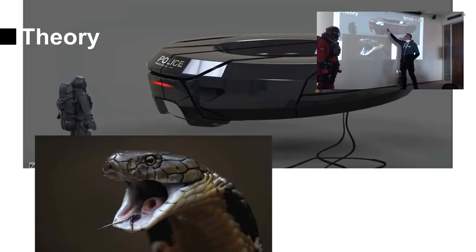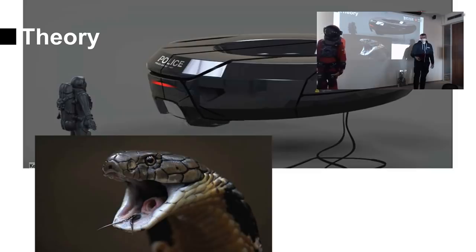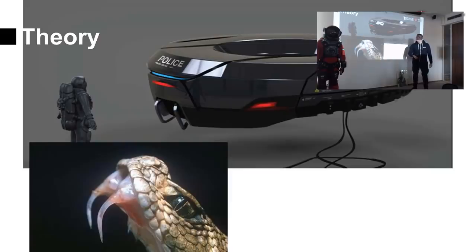Also, if you look at this part, which is considered to be like a face or the front part of the vehicle or the drone, it's also made in the form of a chin and a silhouette of a snake's head, which also brings this illusion of death, threat, danger. And another element of a snake that is really dangerous, of course, is its teeth.